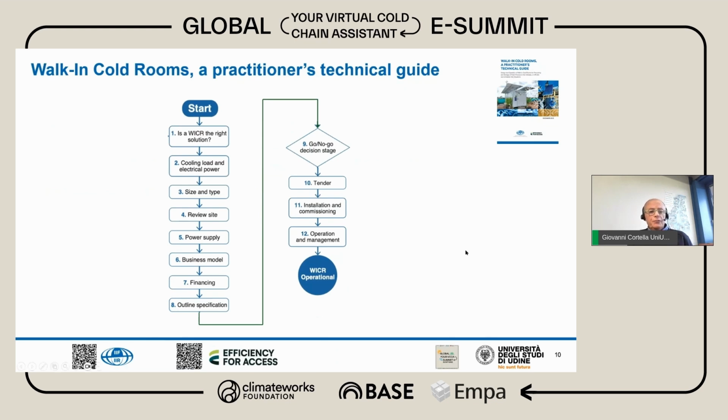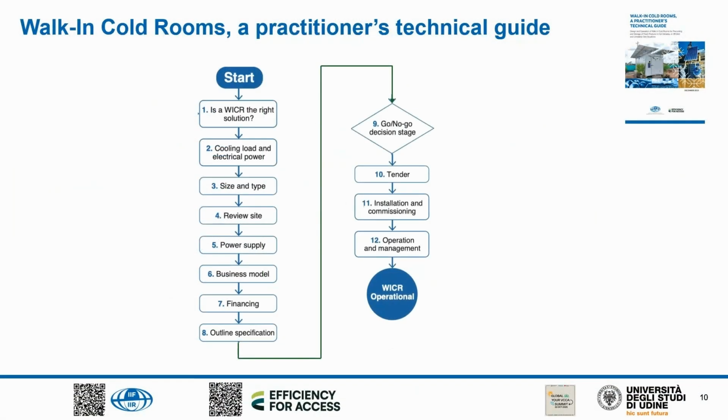First of all, you have to check if a cold room is the right solution to the problem. Possibly sometimes it is not. You have to evaluate the market needs, the availability of technologies, and funding. So provided the cold room is the right choice, then you have to estimate the cooling loss depending on the purpose of the cold room.